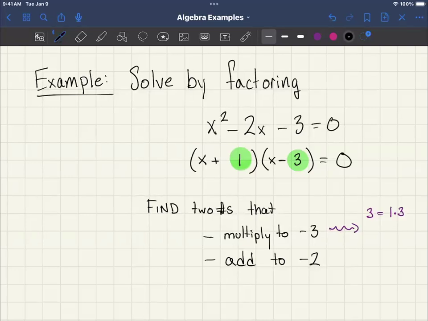We aren't done yet. We've done the factoring part. However, we aren't done. Remember, the reason why we want to factor is because if we have a times b is equal to 0, then a is equal to 0 or b is equal to 0, right?